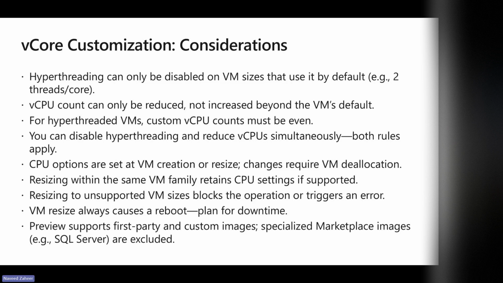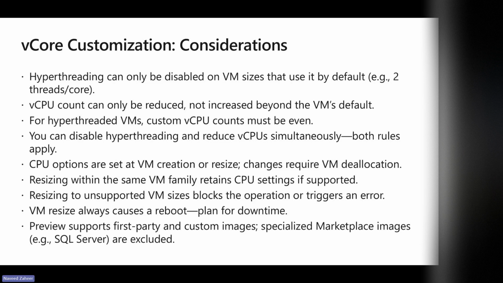As I said, you have an 8 vCPU VM and you need to bring it down to 4 vCPUs. That's what you are able to do with this feature. You cannot increase it, you can only decrease it. I mean, that makes sense. Oh, by the way, one very important point, and just keep that in mind.